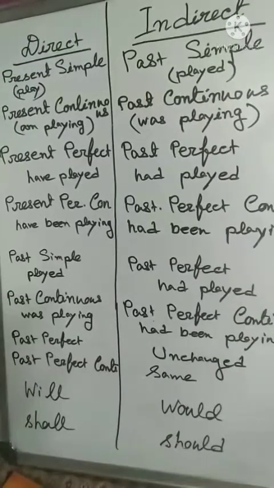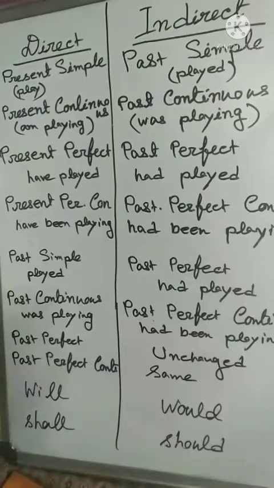And the pronouns also change. If it is I in direct speech, it will be he or she. You changes to he, she or they. We changes to they. They is unchanged, it will be the same. He will be he, she will be she, it will be it.